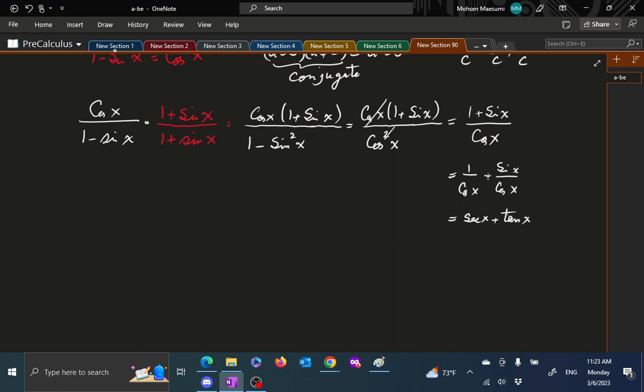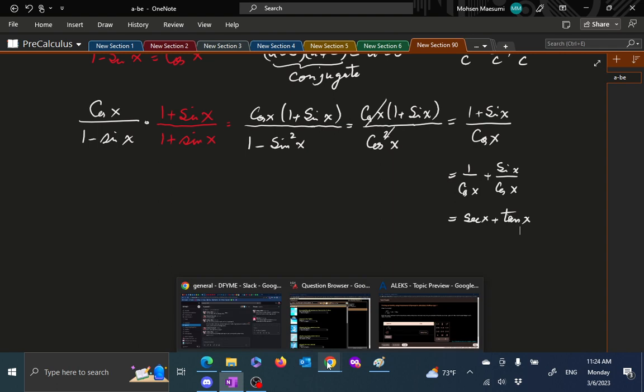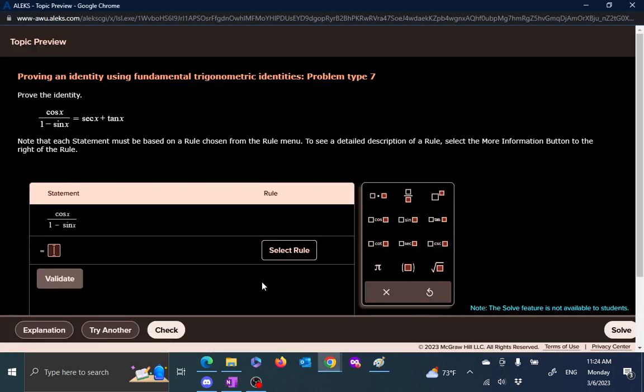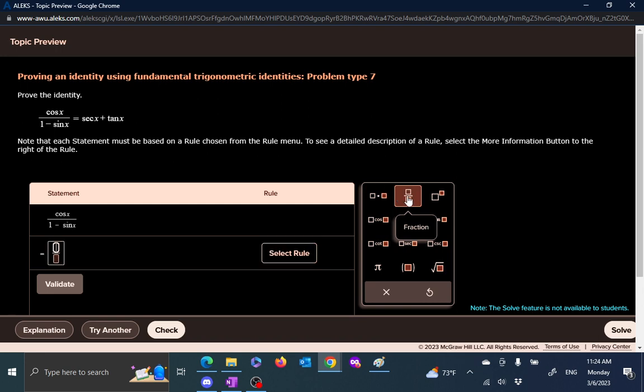So you notice that when you write it on paper, it looks a bit more meaningful than on the software. But of course, on the software we have software limitations, and we have to go by the flow. So here we go ahead and make a fraction. On the numerator I have cosine of x.